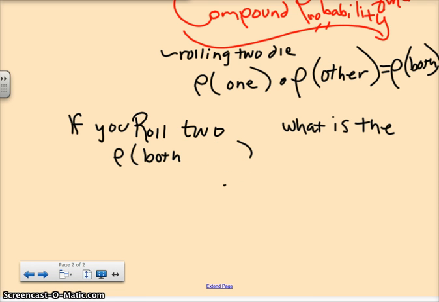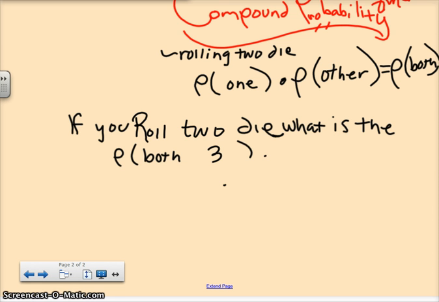Okay, let's say both 7. Just kidding. My goodness, 3. Let's say 3. If you roll 2, okay, there. Now it's making sense. So if you roll 2 die, what is the probability that they're both going to be 3?